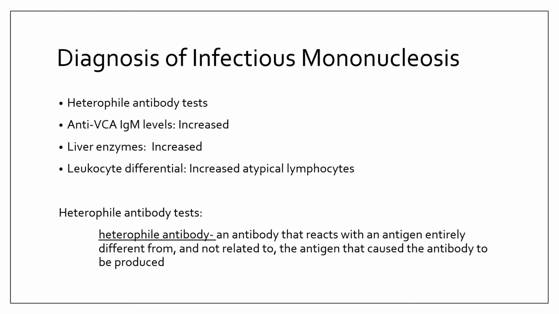Those levels are going to be increased in patients that have infectious mononucleosis, and that VCA stands for viral capsid antigen. The liver enzymes are also increased. That would include alkaline phosphatase, AST, and GGT. In the leukocyte differential, you're going to see increased atypical lymphocytes, and that's kind of the clinical picture for infectious mononucleosis.